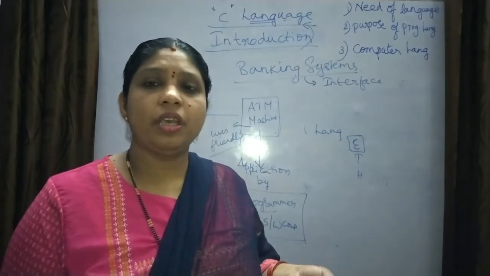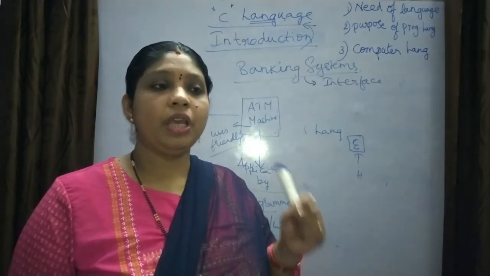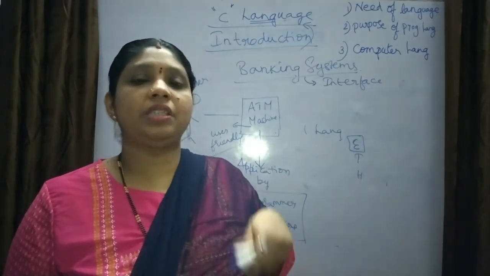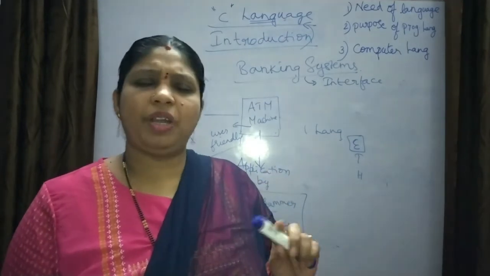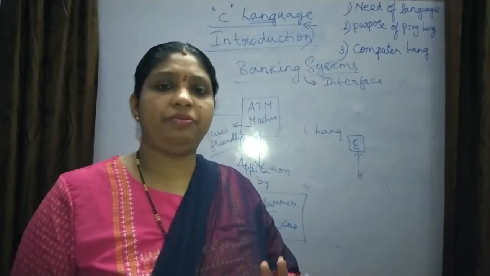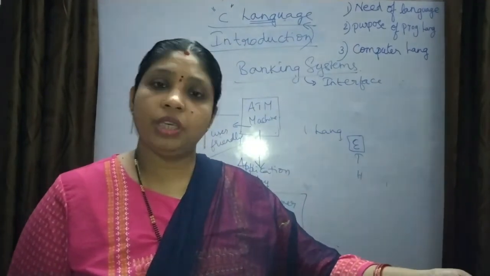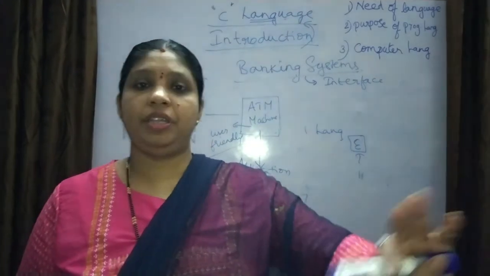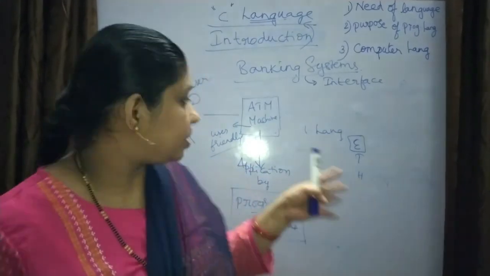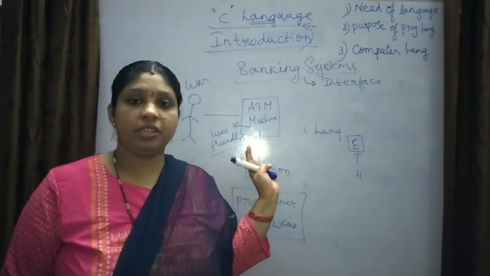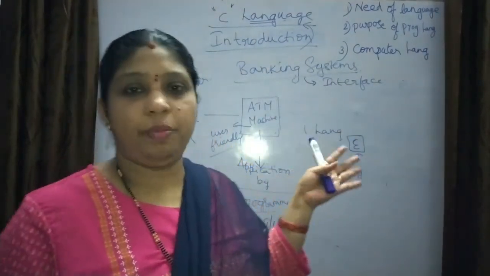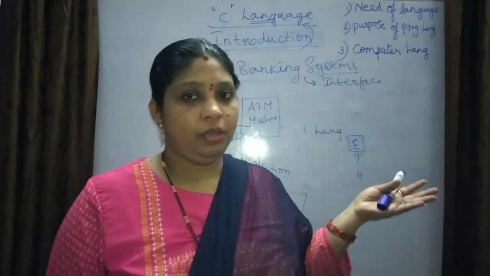In restaurants, there will be one programmer. He will create a program in C language, or whatever programming language is comfortable for him. He will write a program, and then he will give it to that person, so that they will operate it user friendly. So this is how an interface or application is developed by the programmer.